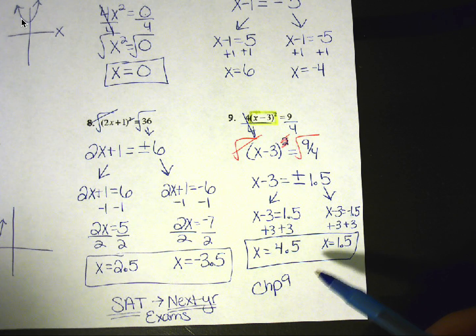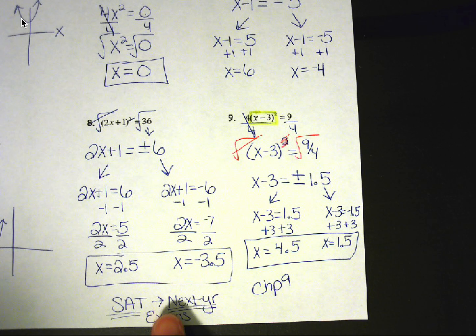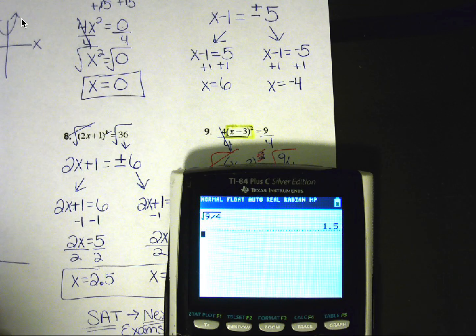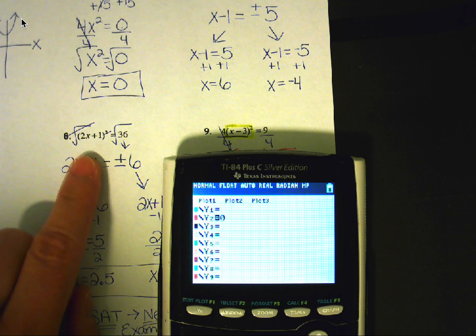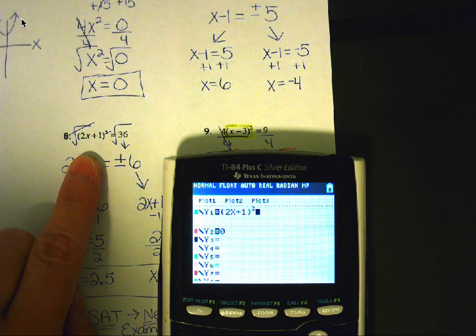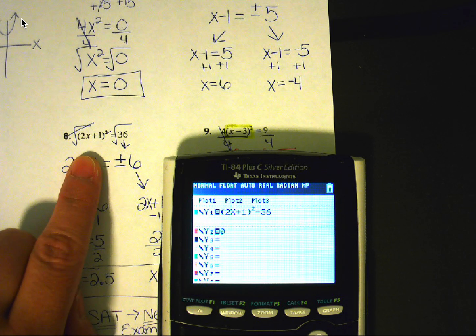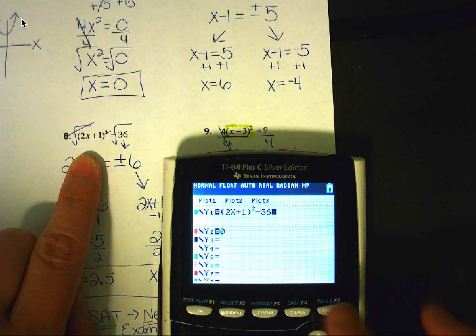One other thing I just kind of wanted to mention about this comment right here with Desmos, you will be allowed to use your graphing calculator. So if you want to try to type these into your graphing calculator, you can try to play around with that as well. Do you notice how I just typed it in as the minus 36? I moved everything over, and then I can go ahead and hit graph.